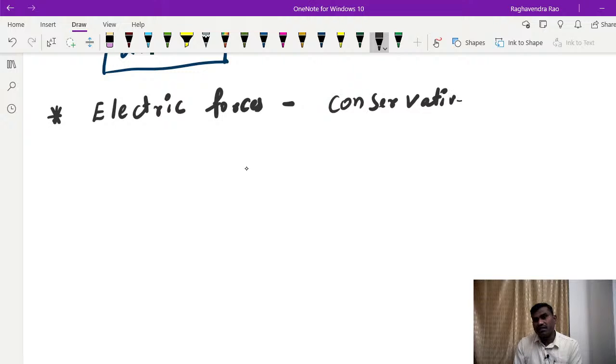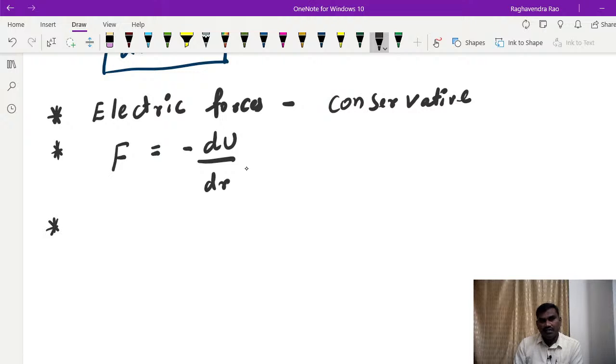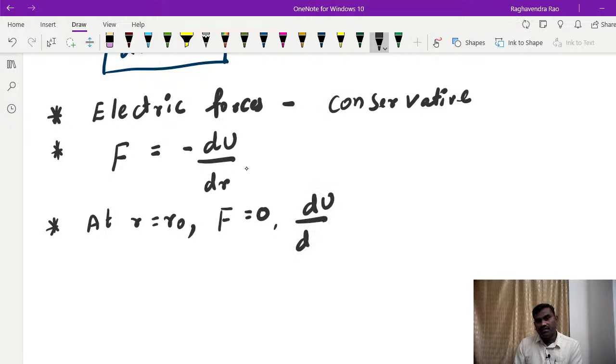Second, for a conservative force we can define F is equal to minus dU by dr. And then at R equal to R naught, the net force will become 0, that is dU by dr is equal to 0. Based on this, they will ask mathematical numericals.